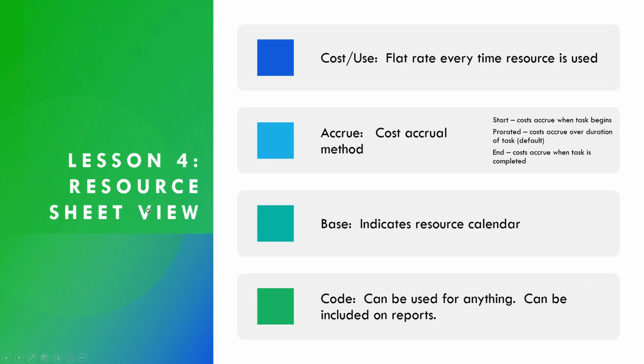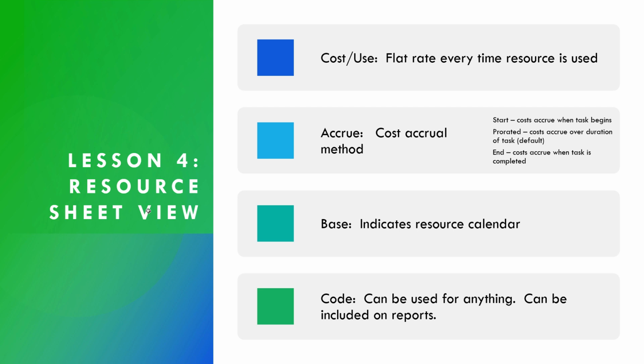The cost per use field is used to indicate a flat rate every time a resource is used. The accrue field is the cost accrual method. So it defaults to prorated, but your choices are start, so the cost for the resource would accrue when a task begins. Prorated, the costs accrue over the duration of the task. And end, the cost would accrue when the task is completed.